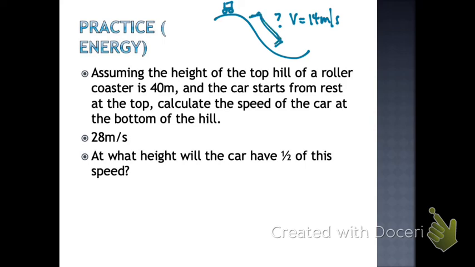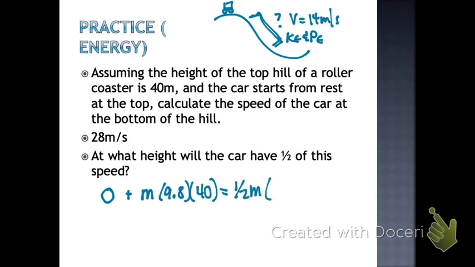We've got kinetic and potential. So let's set it up again. At the beginning, we've got no kinetic plus potential. And at some point along the way, we've got a speed of 14, but we want to know the height. So we're looking for the height at which my vehicle is traveling 14 meters per second, right? That whole right side of the equation is connected.